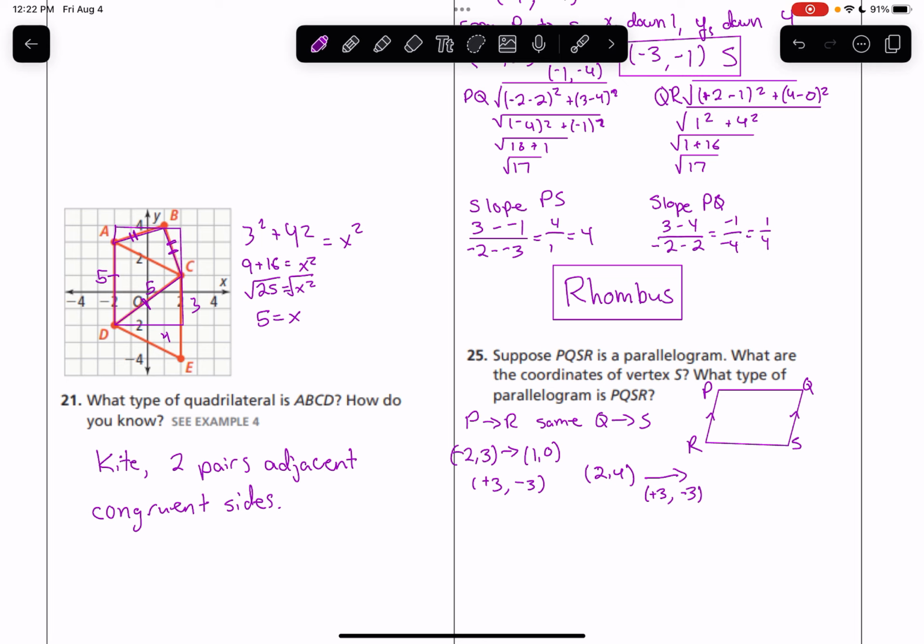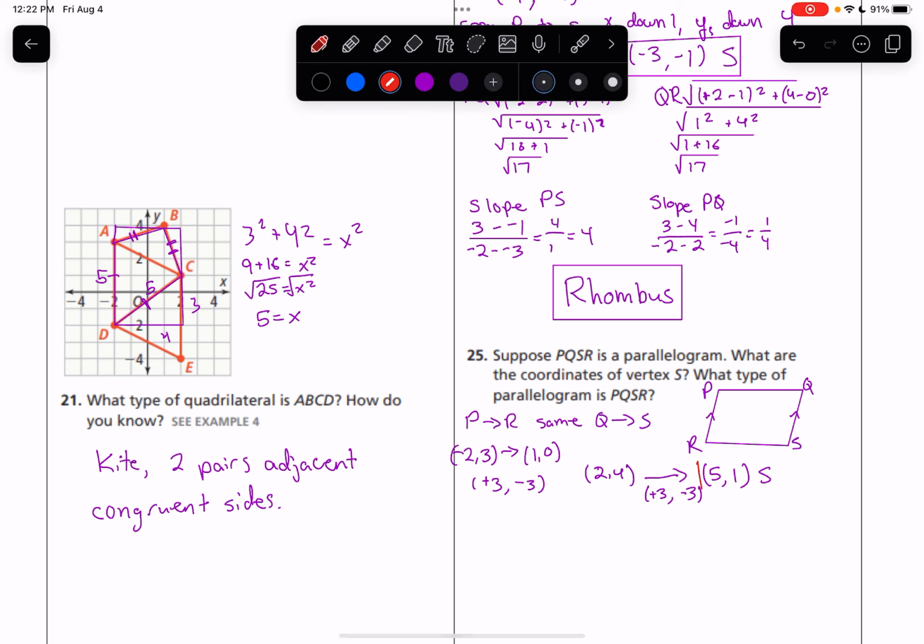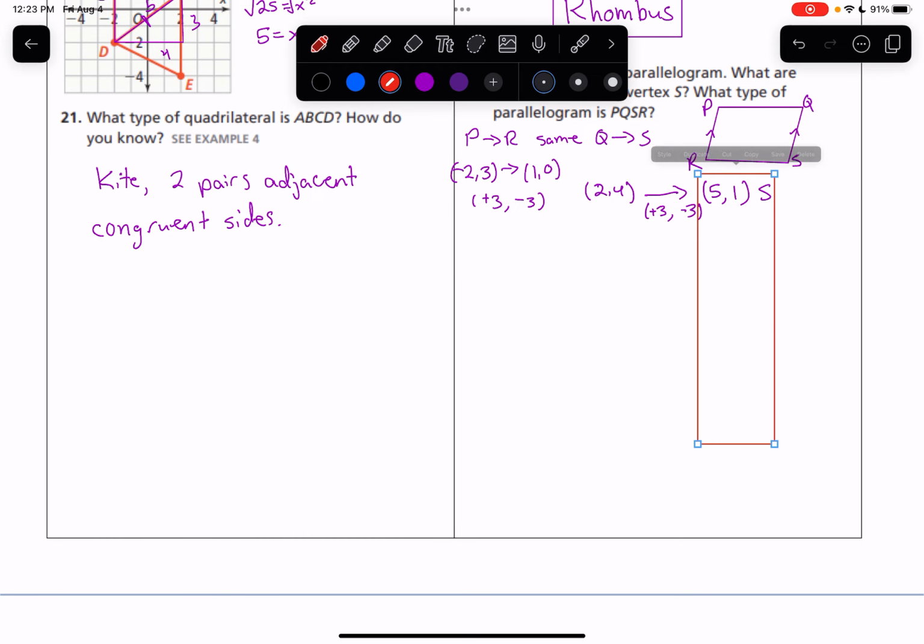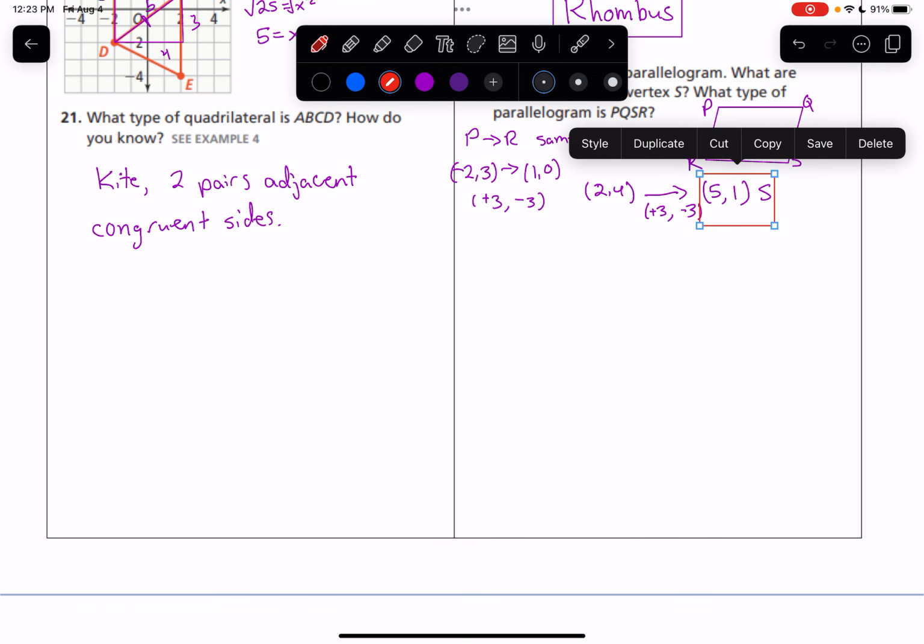So that's going to be 2 plus 3 is 5. 4 minus 3 is 1. So my new S coordinate is 5, 1. And we'll use that in our work.